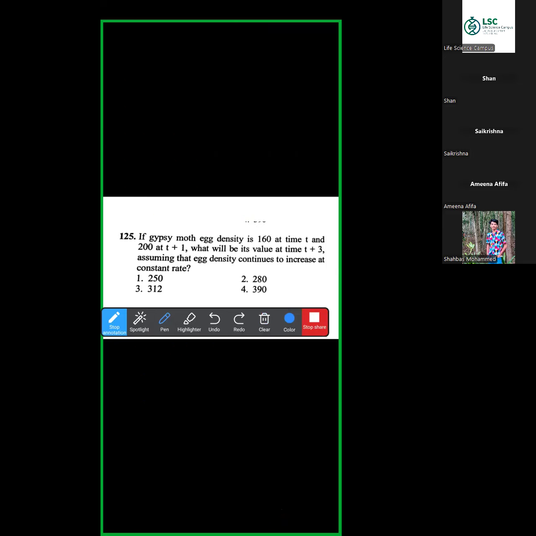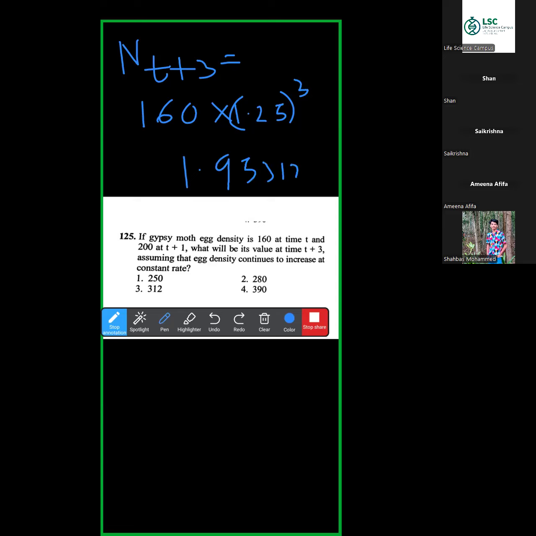So we will get NT plus 3 is equal to 160 into 1.25, the whole raised to 3. 1.25 the whole raised to 3 is 1.953125 into 160.